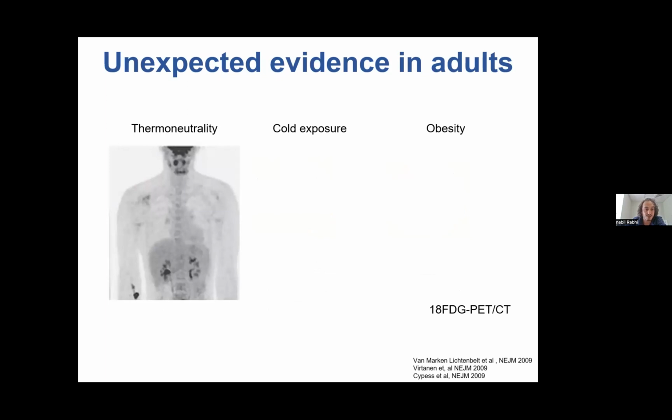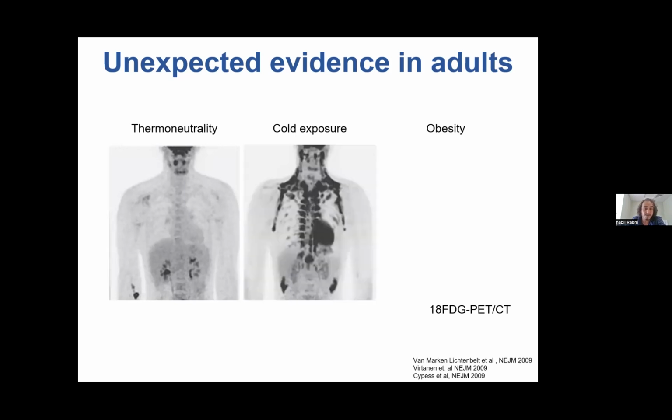You can see that the patient does not have any active region that takes up glucose. However, when the groups exposed people to cold, they saw that there was an increase of glucose uptake in different regions surrounding the neck and the shoulder, suggesting that there was some brown fat present in those people.